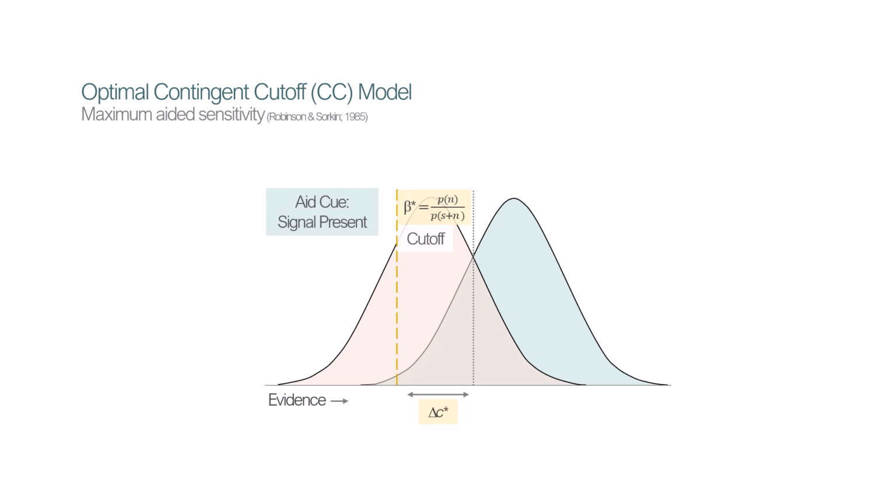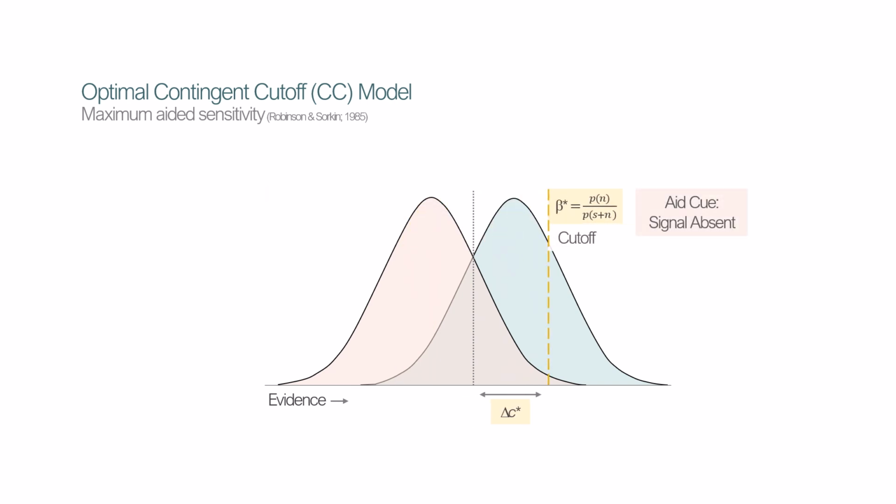On the other hand, if it gives us a signal absent judgment, we should shift it to be more conservative instead. And here, the extent to which we shift our cutoff gives us an estimate of dependence, how much we rely on automation.